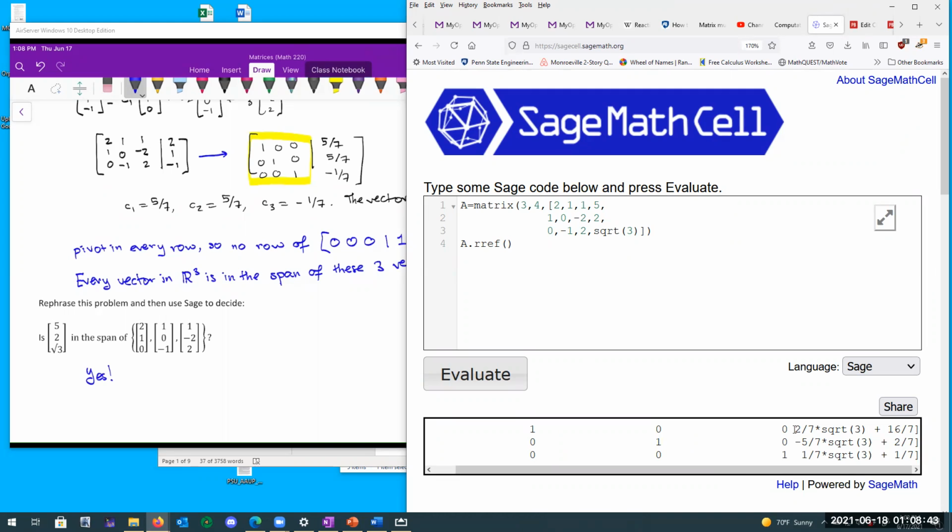Okay, so we find the C1 value is 2/7 times square root of 3 plus 16/7. C2 is -5/7 times square root of 3 plus 2/7, and we get a value for C3. But the original question was, is it in the span? And we can say, based on the matrix to the left of the augment, absolutely it is.